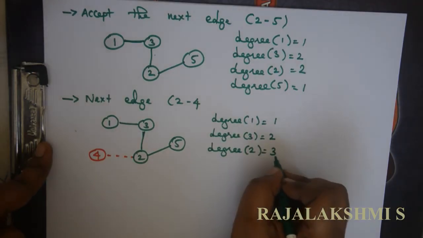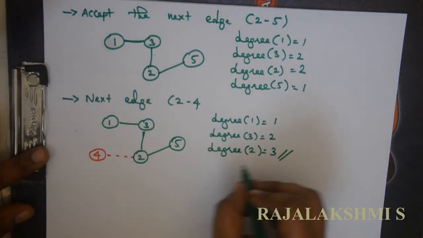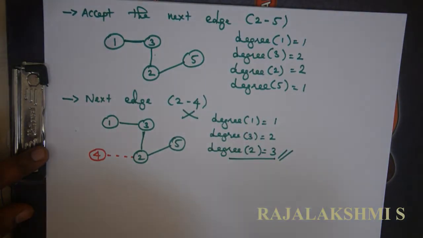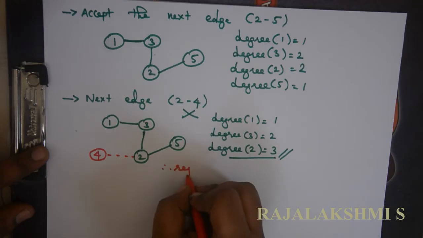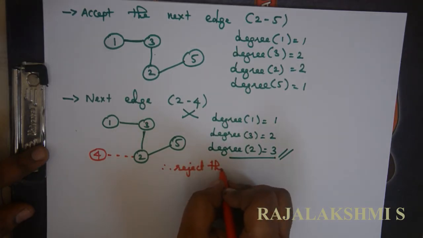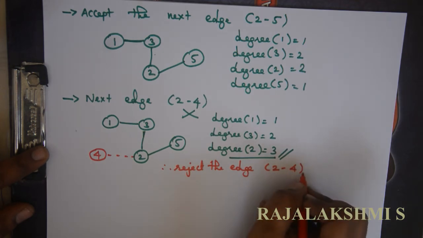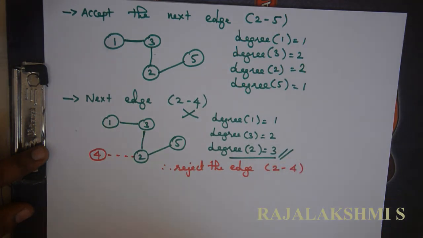It is 3. If a vertex has degree 3, we should not accept the edge 2 to 4. Therefore, reject the edge 2 to 4.